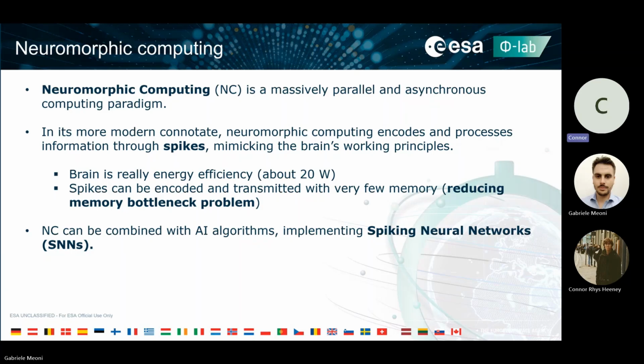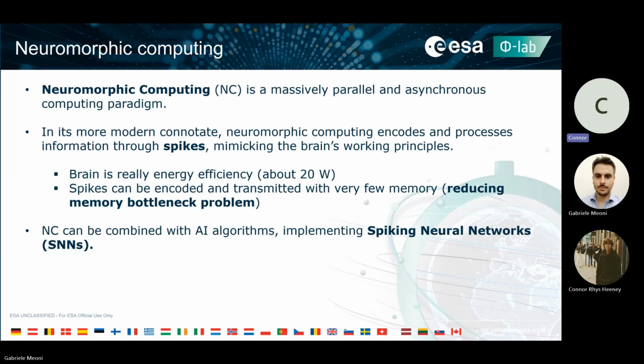It seems that only 20 watts are needed to make your brain work. So that means that probably if we mimic this paradigm, we can be very energy efficient, or we can probably even increase the accuracy, because our brain nowadays is better than neural networks, at least what we hope. So that's where neuromorphic computing originates from.